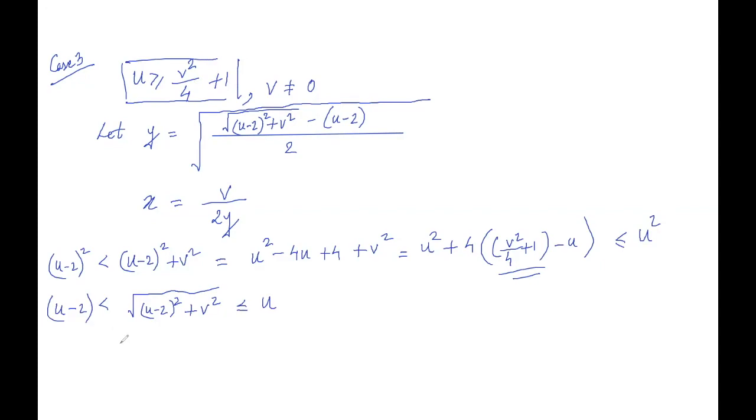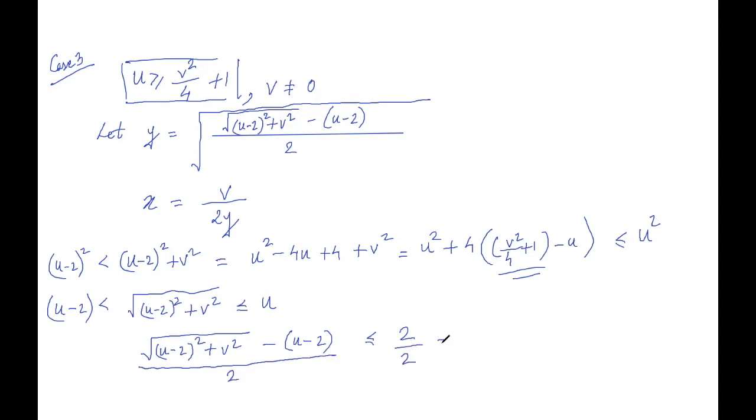And now if you just take negative u everywhere, and add 2 everywhere, this is coming out to be negative u minus 2 is less than or equal to 2, and I must divide it by 2.